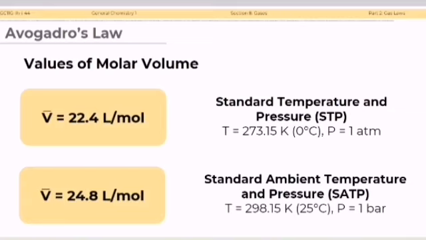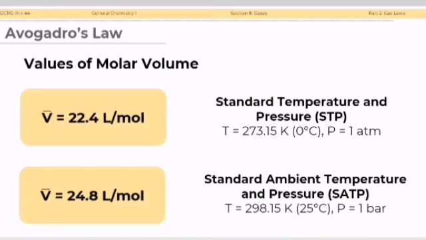At standard temperature and pressure, or STP, in which the temperature is 273.15 Kelvin or 0 degrees Celsius and pressure is 1 atm, gases have a molar volume of approximately 22.4 liters per mole.